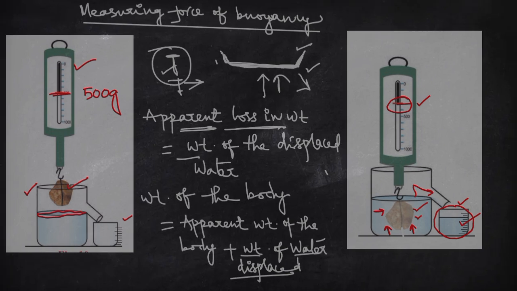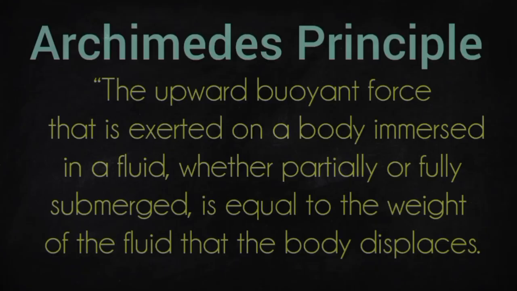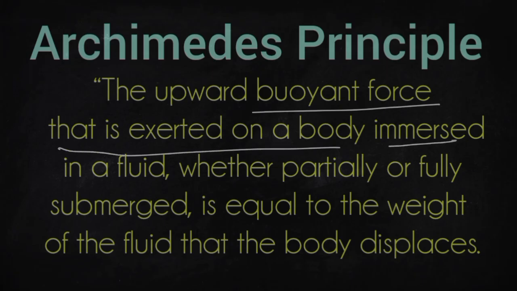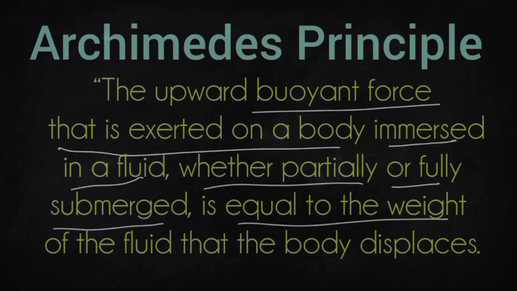This beautiful observation was made by the Greek scientist Archimedes, and he gave a principle which is called Archimedes principle. The upward buoyant force that is exerted on a body immersed in a fluid, whether partially or fully submerged, is equal to the weight of the fluid that the body displaces.